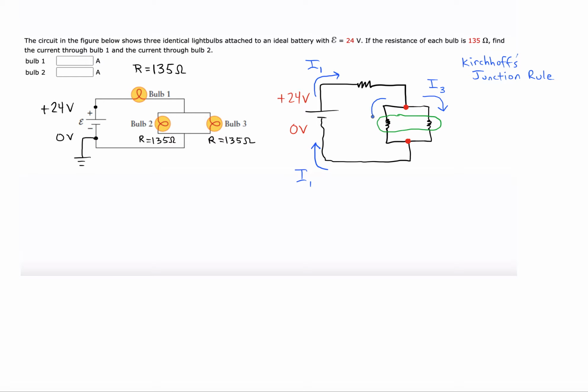And then there will be another current which flows through bulb 2, I2. And so to write a Kirchhoff's junction rule equation, you just have to say that the sum of the currents coming in has to equal the sum of the currents leaving the junction. So the rule to write for this particular situation would be I1 equals I2 plus I3.